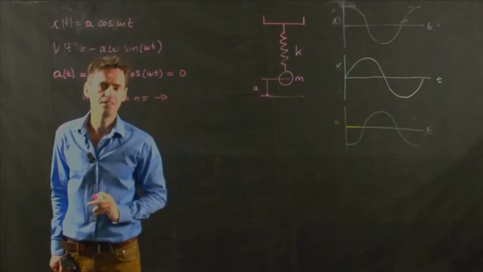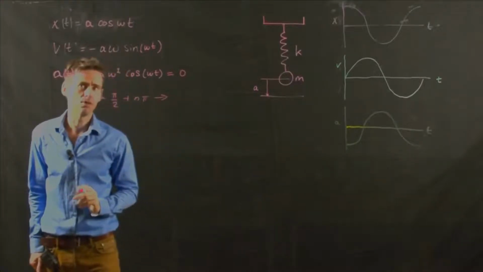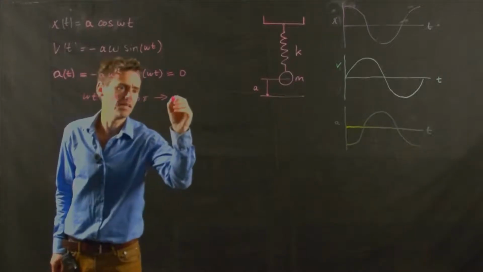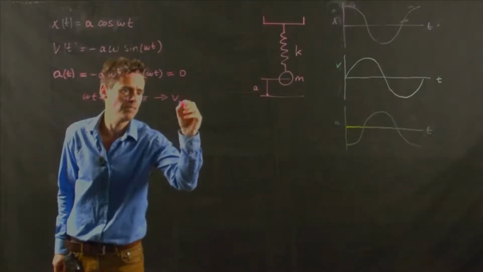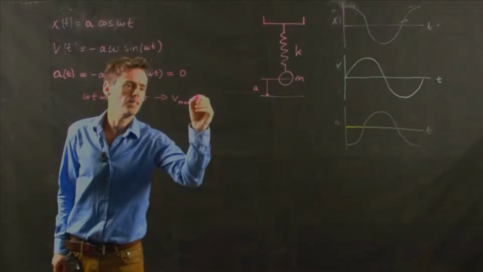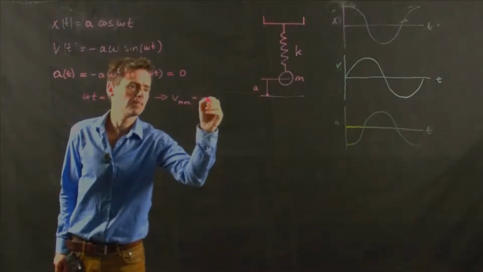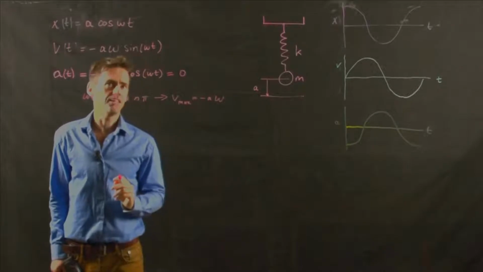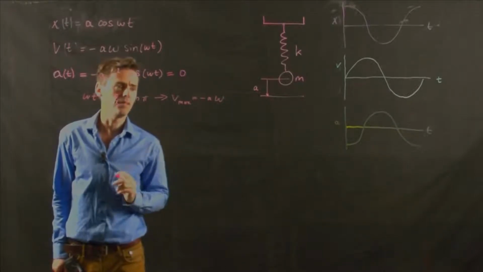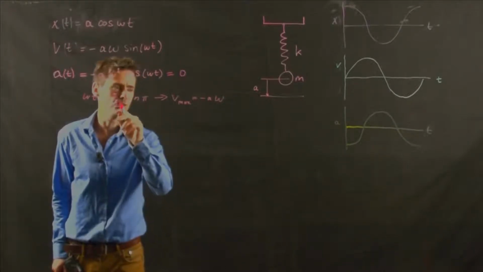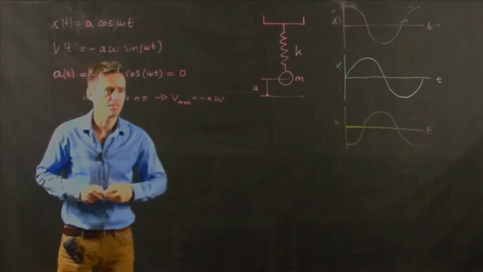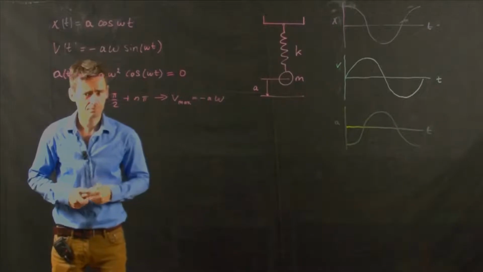So we take omega t equal to pi over 2 and plug that into the equation for the velocity, and then we find that the maximum speed is equal to minus a omega sine omega t evaluated for pi over 2, and this is equal to unity. So the maximum speed is minus a omega.